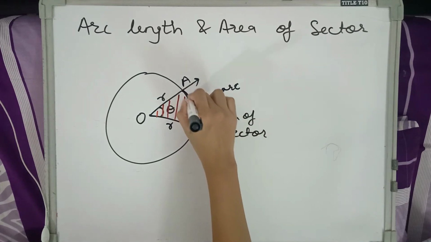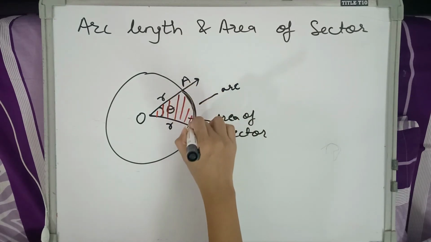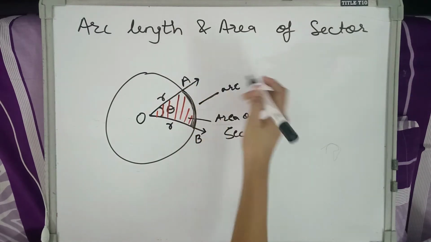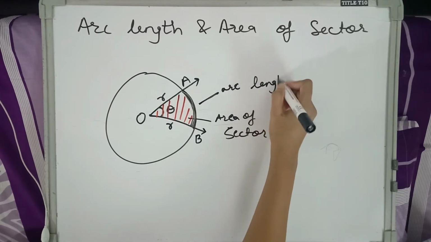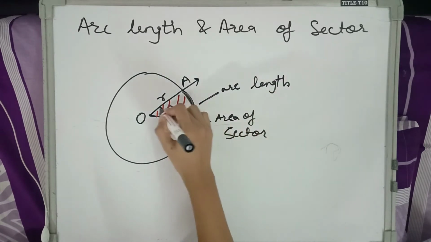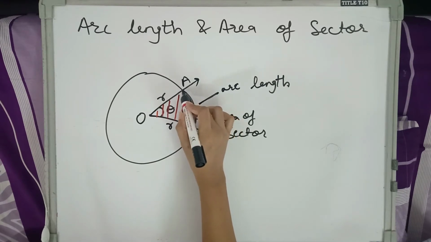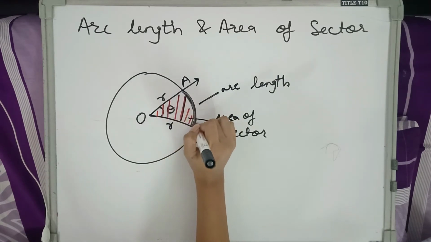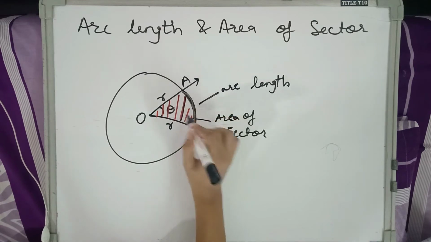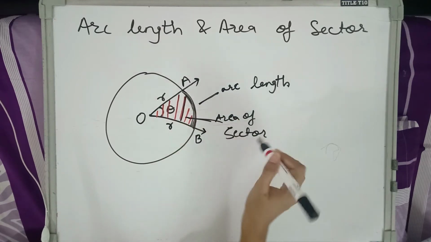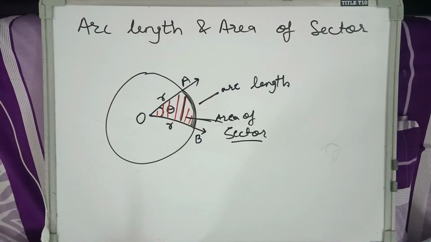The boundary of the circle which the angle subtends is known as arc length, and the area which consists of the angle and arc is known as the area of the sector. Now let's see one example.